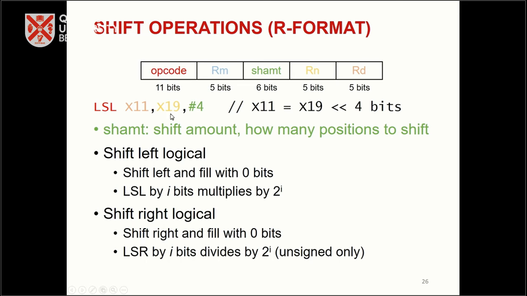So here we have again an operation code that is in the reference data, and we have register destination, register input 1, register input 2, and shift amount. In this case, we are using the shift amount field. So in this case, we are shifting left by 4 positions. This is where we use the shift amount field.